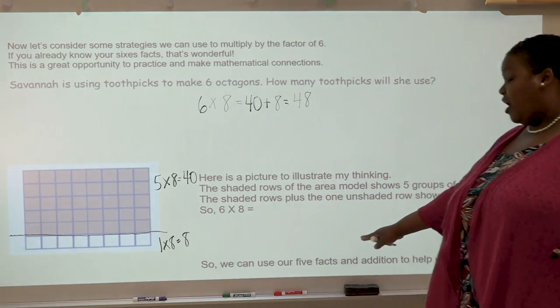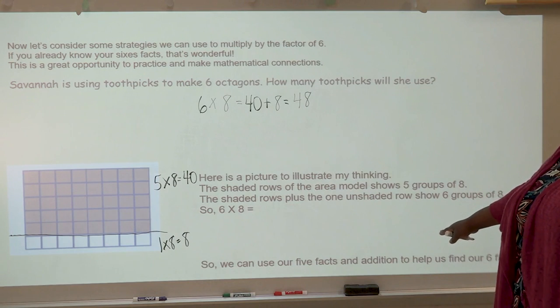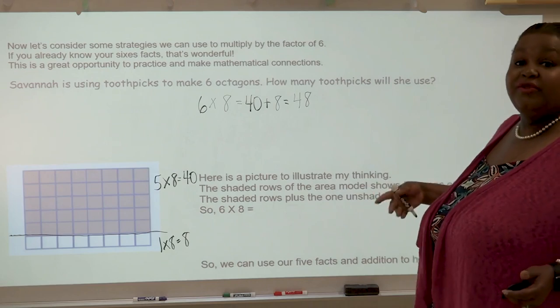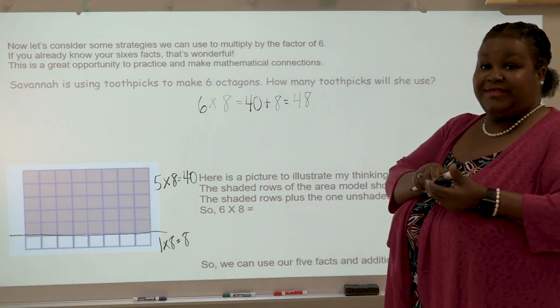So we can use our 5 facts and addition to help us find our 6 facts. That's going to be another strategy that we practice this morning.